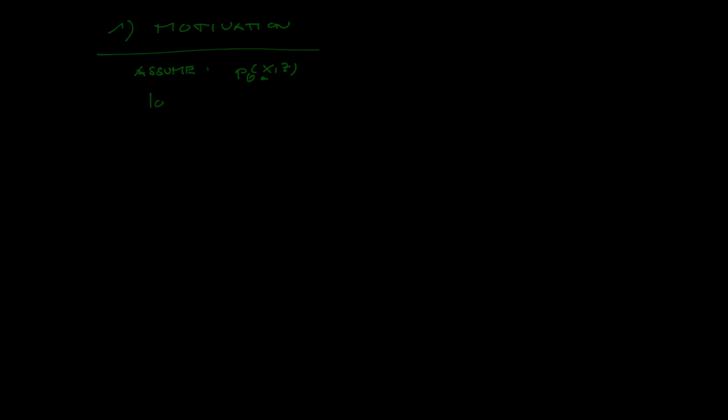We have the logarithm of p of x, which is the log of the product from i to n of p of xi, and normally we can maximize this, but we don't know z, or we only know the joint distribution or how to factorize it, right?